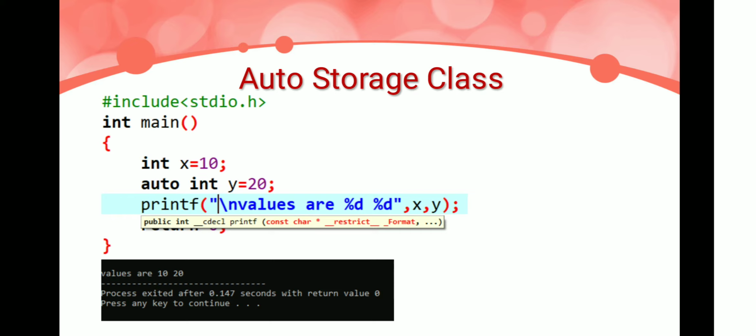See here, you have taken two variables x and y. x is declared in the normal way and y is declared as auto int y. If you see the basic difference for both, there is nothing much because both are going to be the same. That is the meaning of auto.